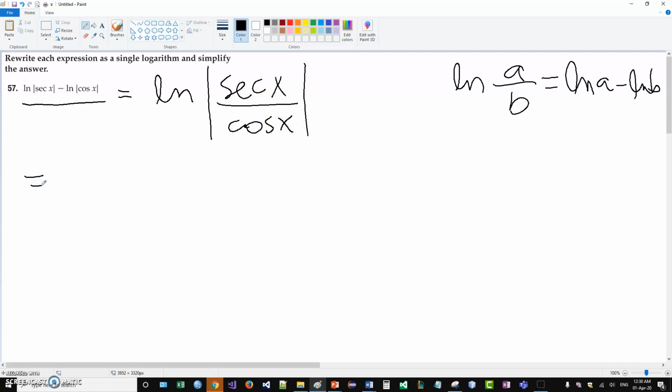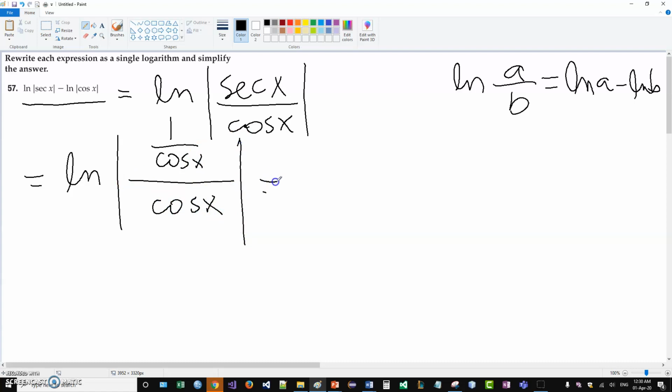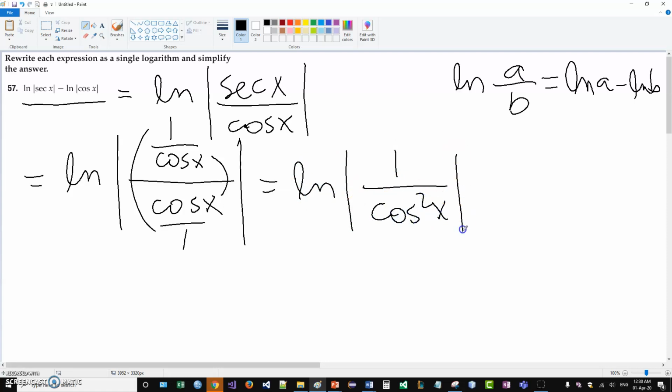And secant x is 1 over cosine. So this is ln 1 over cosine x over cosine x. Let's say this is 1. So this is ln 1 over cosine square x. Alright. Now we can move the cosine square x up and change the sign of the power.